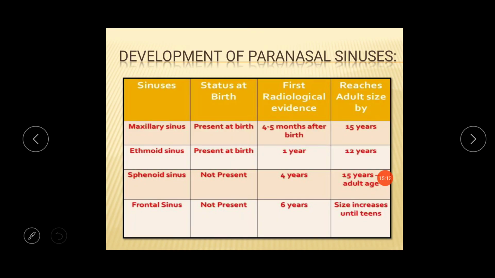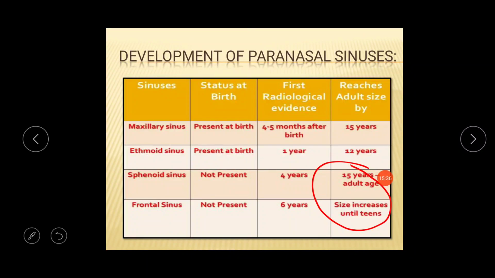Development of the paranasal sinuses. Only two sinuses are present at birth: the maxillary sinus and the ethmoidal sinuses. The frontal and sphenoid sinuses are absent on the first day of birth. They usually appear at the ages of 4 years and 5 years respectively, and gain adult size in the teen years.